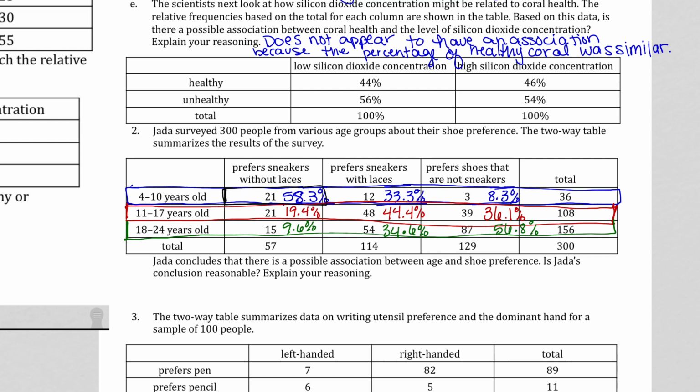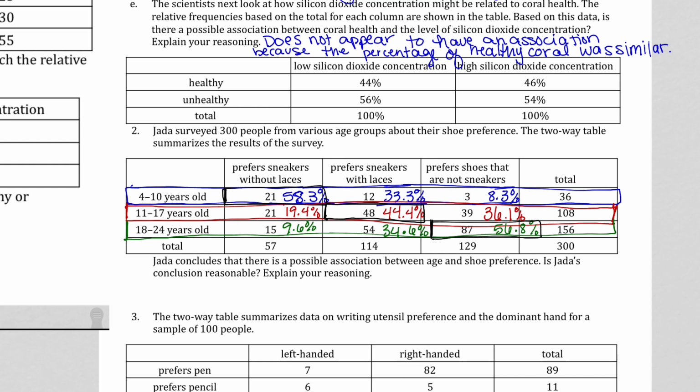Okay. What about the 11 to 17-year-olds? Okay, so sneakers with laces. And lastly, 18 to 24-year-olds. Not sneakers. So they were all a different shoe preference, right?